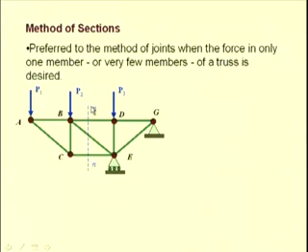So, here let us consider this section NN, which passes through the members BD, BE and CE, for which we are interested to find the forces. Then we can consider the equilibrium of either the section ABC or the section DEG to determine these forces.